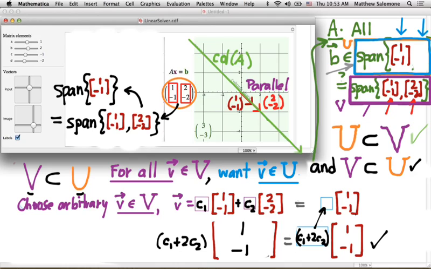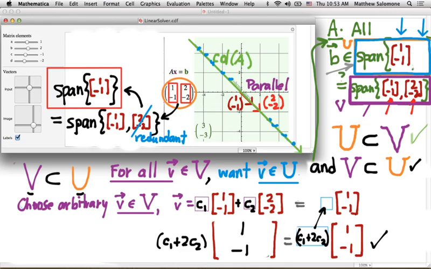Because these are the same set, we might as well just get rid of that second column. We might say that it's redundant, because there's no place in the xy plane that both of these vectors can get to that one of them cannot get to by itself. That 2, negative 2 is redundant. We don't need it to describe our column space.